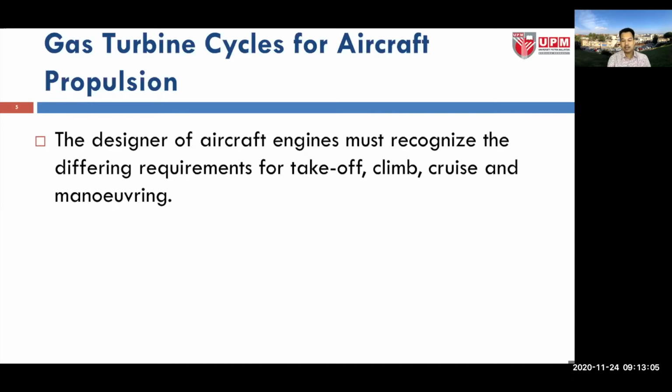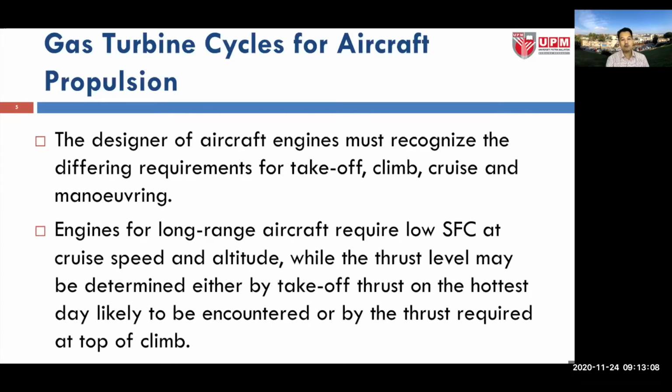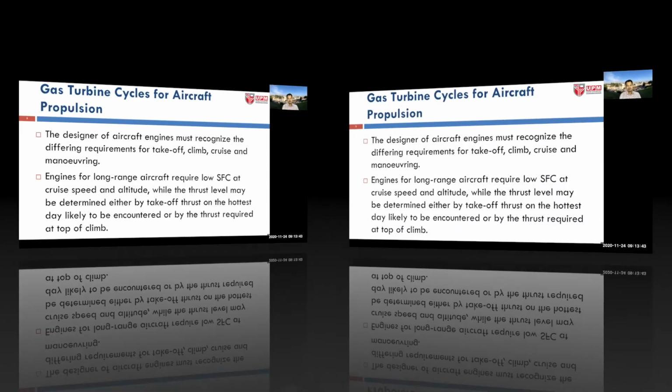Engines for long-range aircraft require low specific fuel consumption at the cruise speed as well as altitude, while the thrust level may be determined either by the takeoff thrust on the hottest day likely to be encountered or by the thrust required at the top of climb. Those are the considerations you must take into account whenever you want to design an aircraft engine.